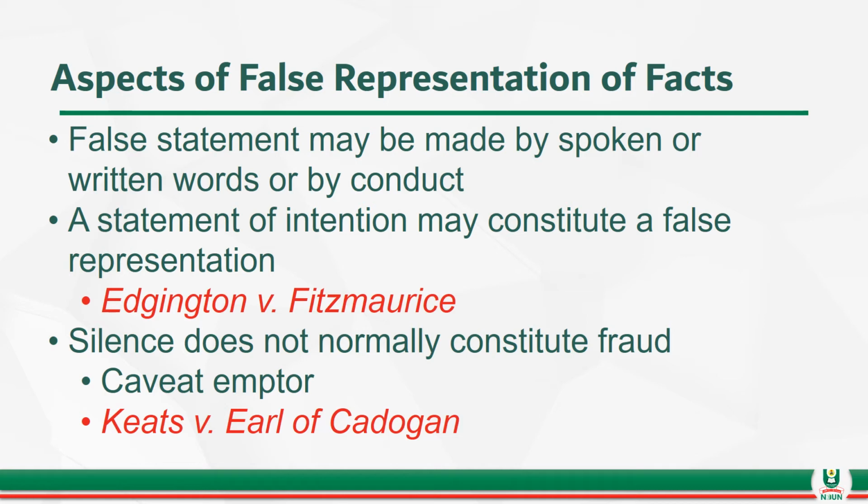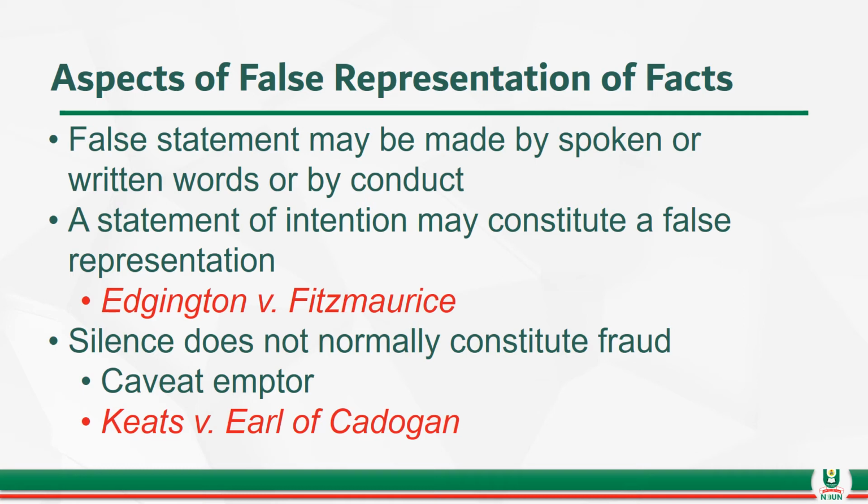The second element is that a statement of intention may constitute a false representation. So it's not a statement on an extant occurrence, but of a future occurrence, where a statement is made indicating that a party intends to do something, but the party knows that he really does not want to do that thing.